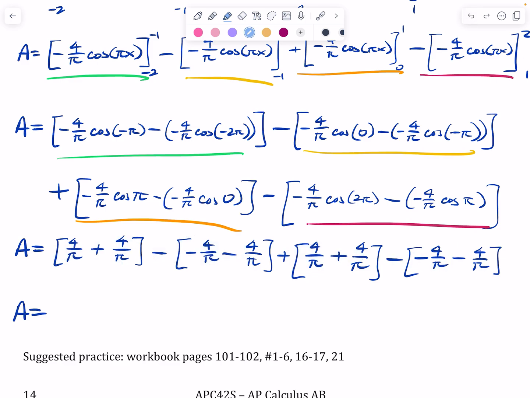So find out the value of one of them and then just multiply by 4. 4 over pi plus 4 over pi is 8 over pi. And we've got 4 of those. So our total area is 32 over pi. The end. That was fun.